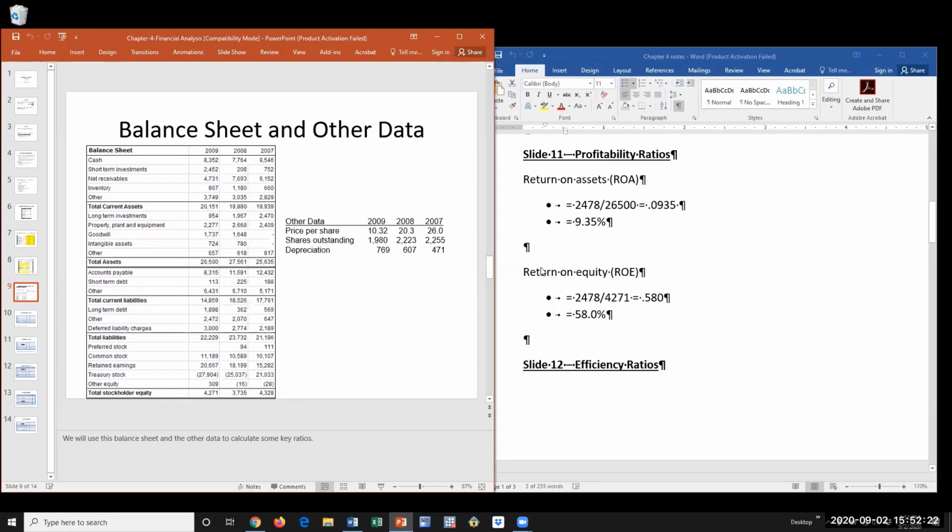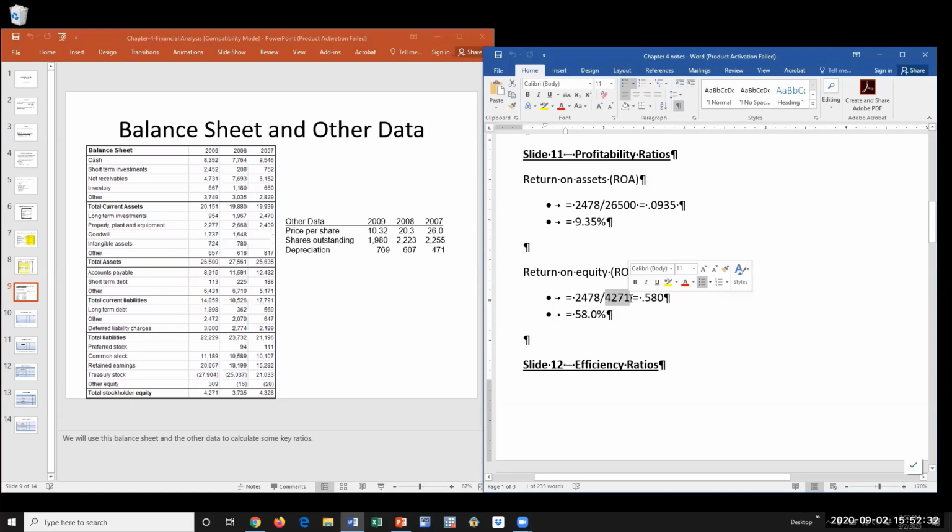That's return on assets. And then return on equity, it's going to use the same net income down below here, but instead of dividing by assets, we're dividing by shareholders' equity. And shareholders' equity is going to be down here on the balance sheet at the very bottom of stockholders' equity.